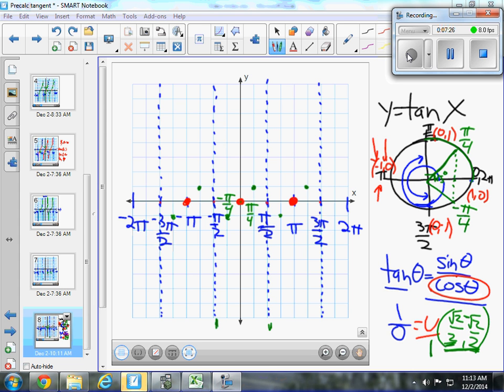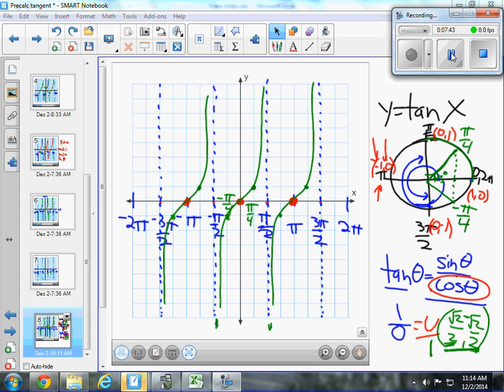So I've gotten all these points and my asymptotes. All I need to do is sketch in my tangent graph. You can see that it just repeats itself over and over again, going through those same kinds of points. You can also see that the graph of tangent repeats itself every pi distance.